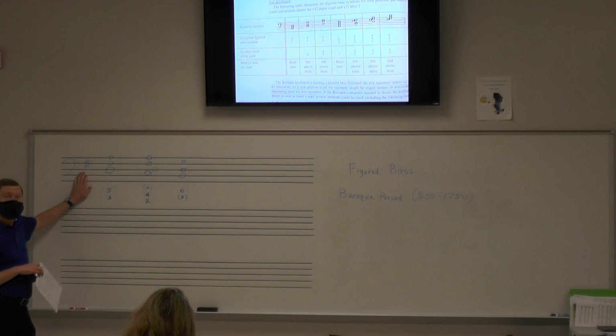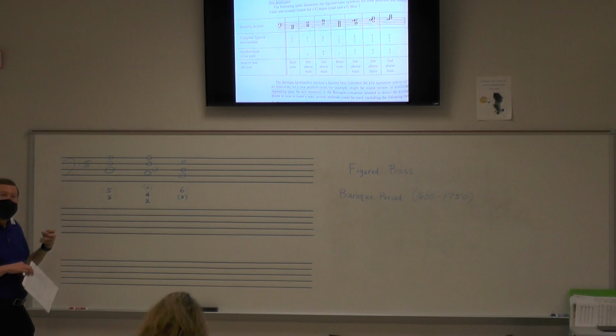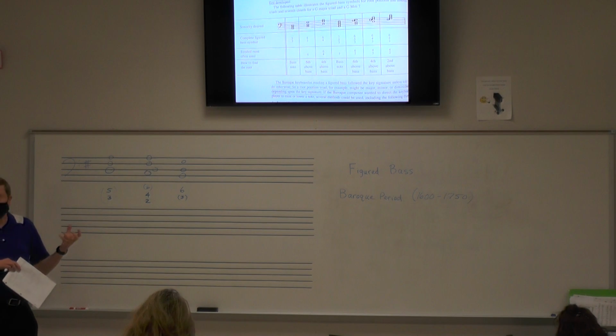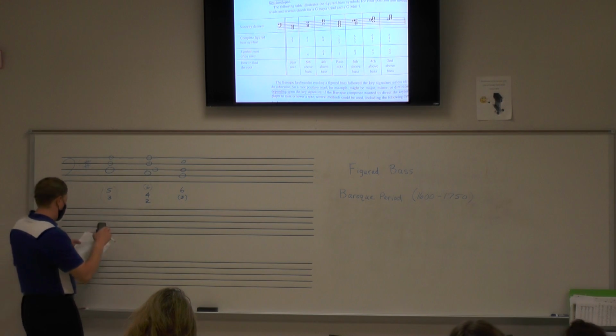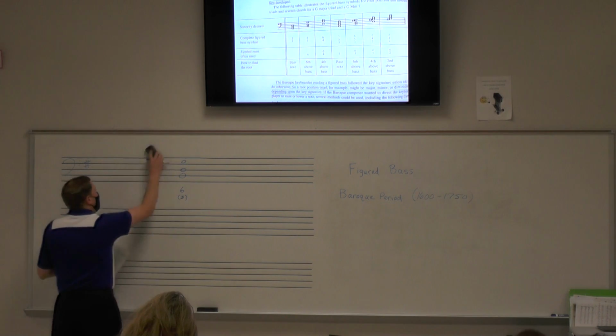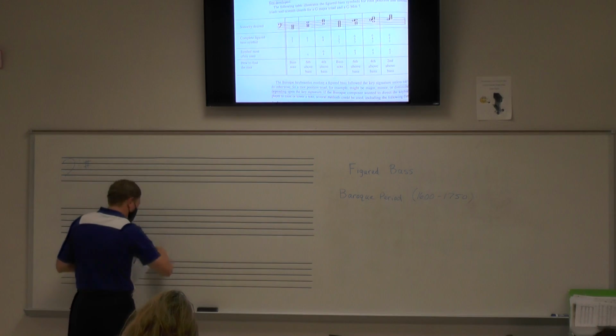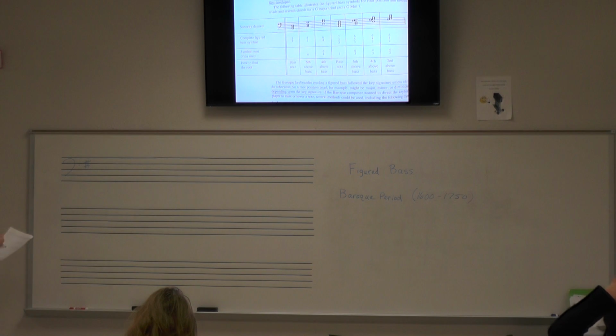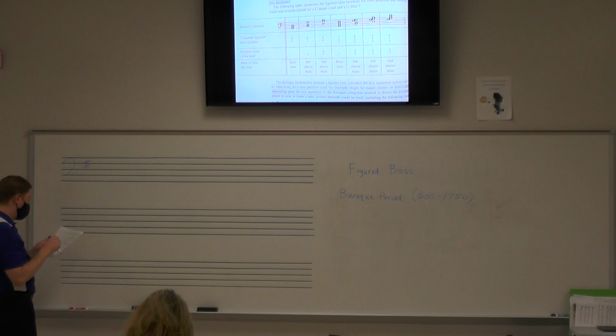Well, there were different symbols, different ways to tell the keyboardist in the figures to override the key signature and play other notes instead. So let's talk about some of the symbols used in connection with these numbers or figures that composers gave to musicians to override the key signature.